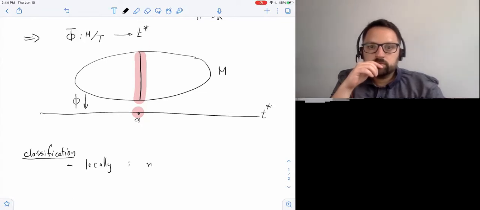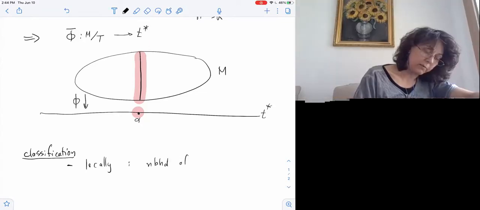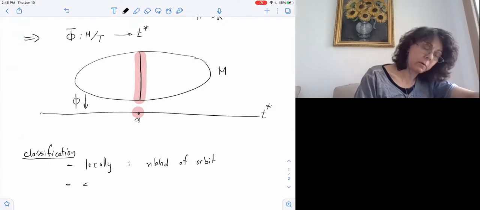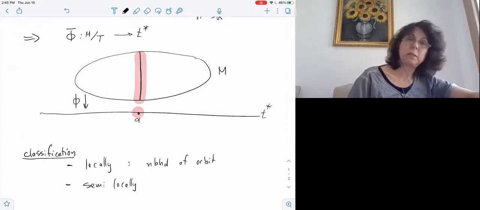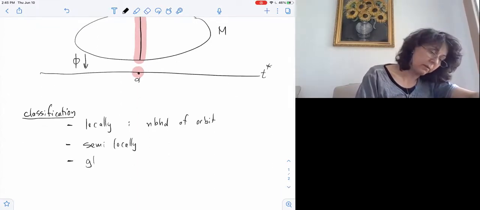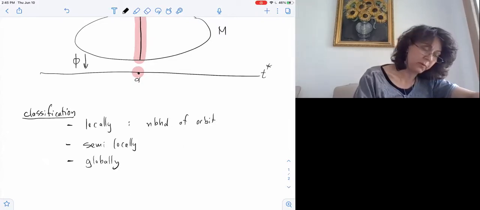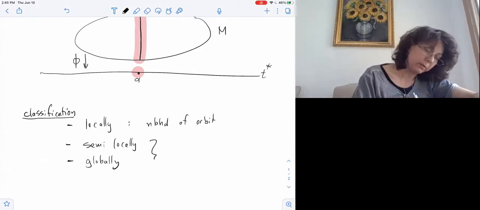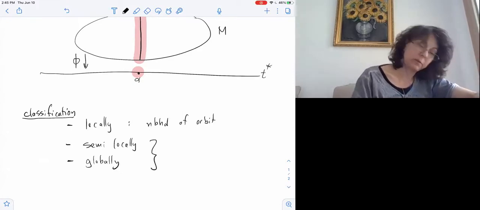That means working with neighborhoods of orbits in the original manifold. Semi-locally means understanding preimages of little neighborhoods of T star. And then globally means you need to study how these pieces fit together. So the proof actually goes through a sheaf theoretic machinery to do that, and I'm not going to talk about that part of the proof.